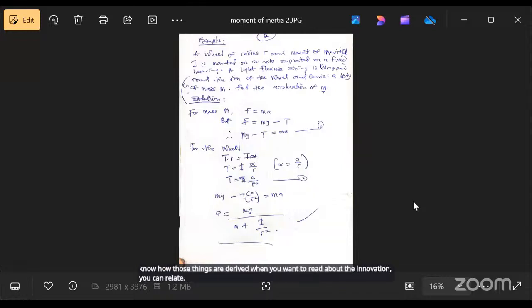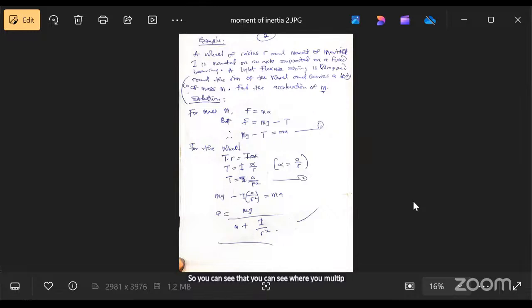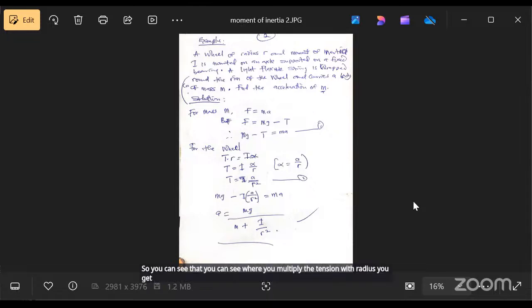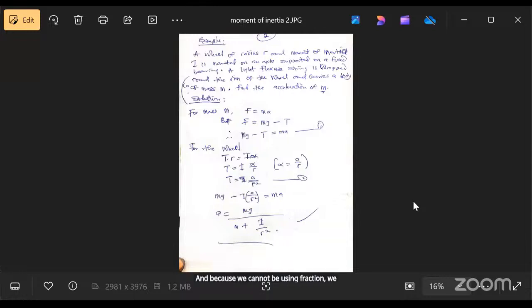So you can see that when you multiply the tension with radius, you get moment of inertia multiplied by acceleration over radius. And because we cannot be using a fraction, we now replace that with alpha. So acceleration over radius is acceleration over distance in mechanics.